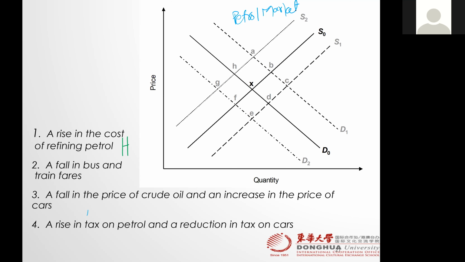Is it about the demand? So it will rise and therefore shift to the right? A fall in the bus and train fares. What will happen? What are the consequences?